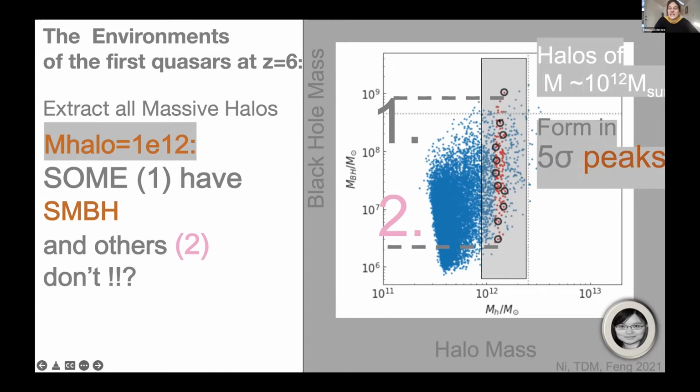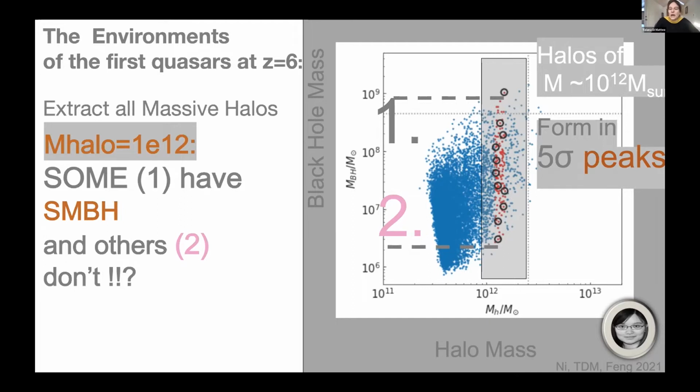These 10^12 solar mass halos are indeed the ones where we find the 10^9 solar mass black holes, but they could also be the ones where we find much smaller mass black holes that would not be considered the first quasar. So there's a large variety of history. Picking a 10^12 solar mass halo doesn't automatically give you a 10^9 first quasar black hole-like object at redshift 6 and similar.